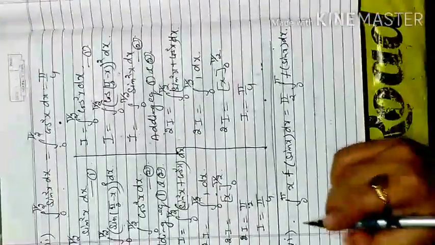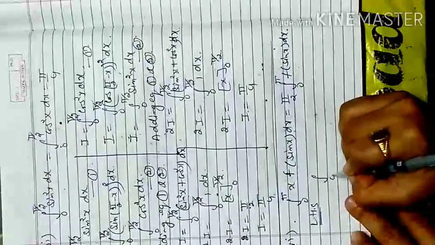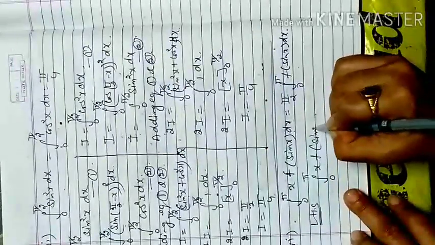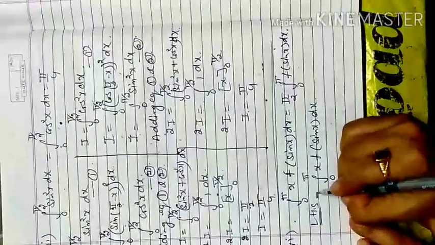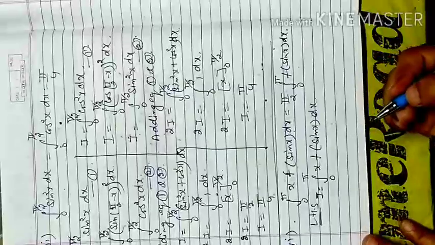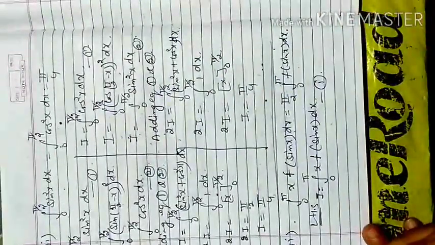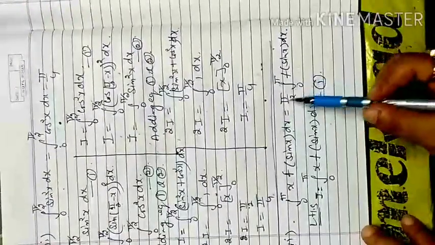So if I just pick the left hand side here, that gives me the integral from 0 to pi of x f(sin x) dx. Now I will try to apply the formula, again the property of a minus x, here. So we will consider this as my equation number 1, because I want to prove that this will be pi by 2.